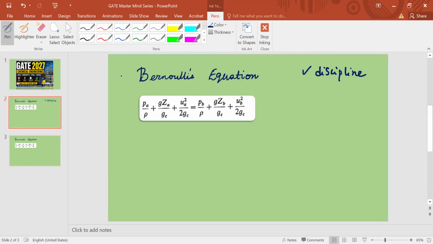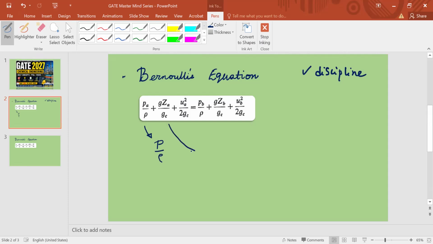So what is the concept I am discussing today? Today I am discussing a very simple concept, Bernoulli's equation. So in the Bernoulli's equation, what you are looking at, this is one term, P by rho.